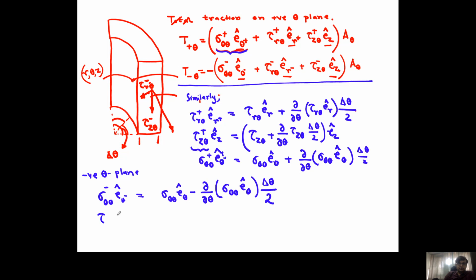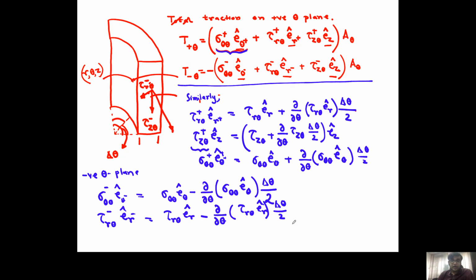Similarly, I will write down the other terms also. Tau r theta minus e r minus hat gives you tau r theta e r hat minus del by del theta of tau r theta e r hat, and then there is one delta theta by 2.